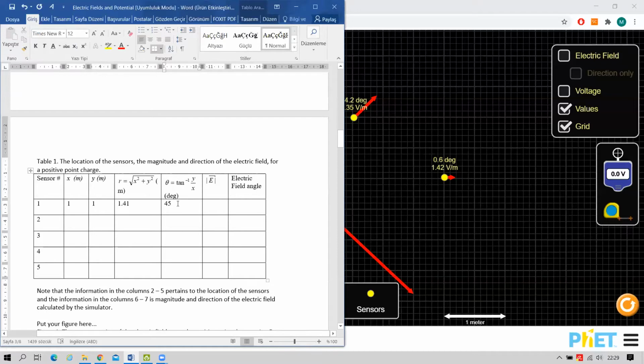You will type this angle in degrees, so it's going to be 45 for our first sensor.